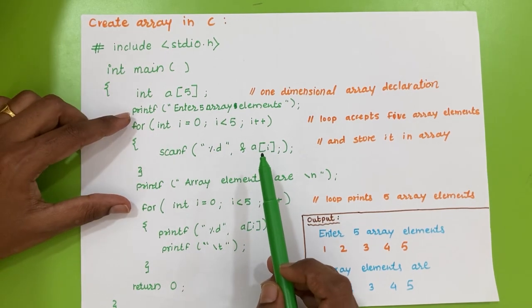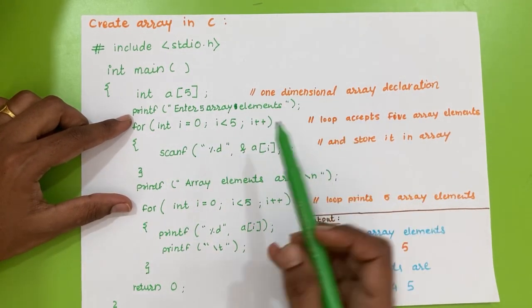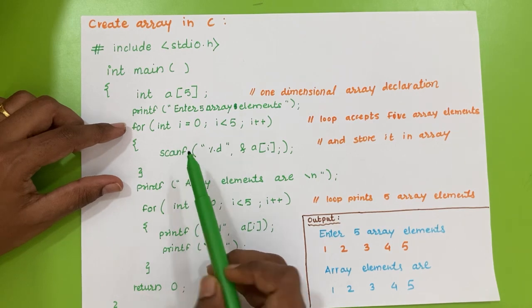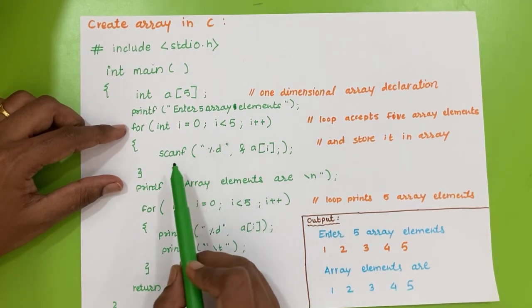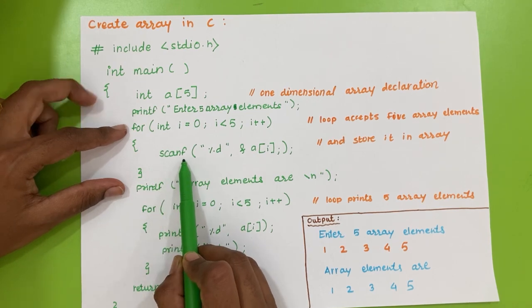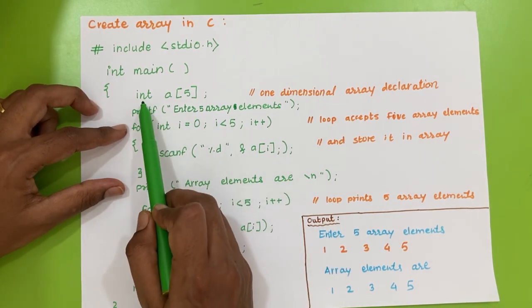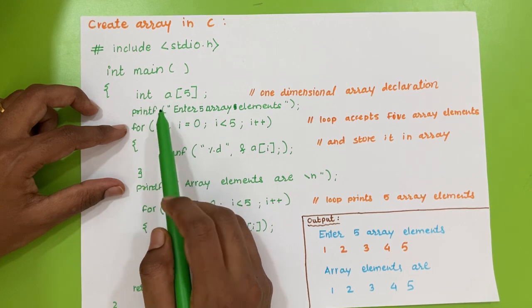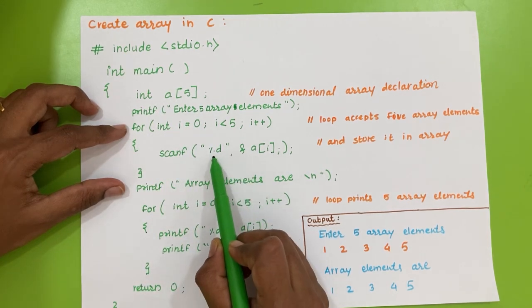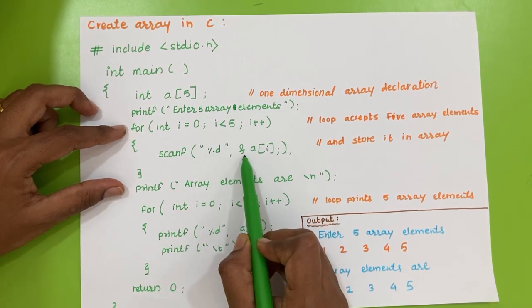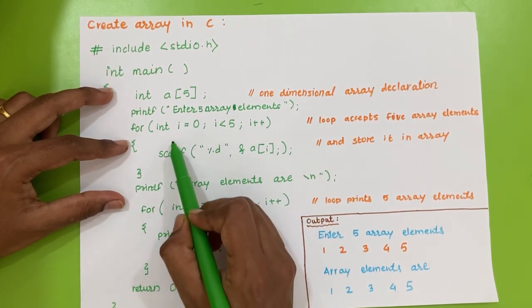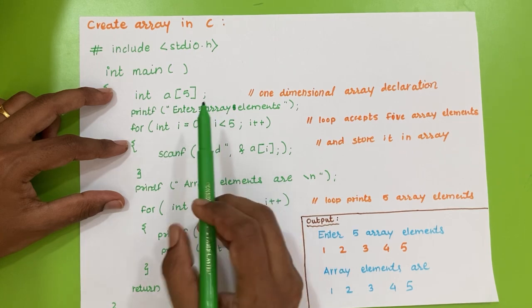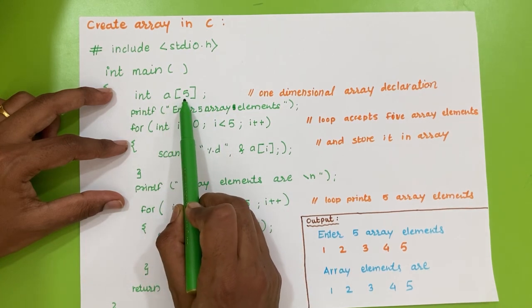For that purpose I have used a loop to accept the elements, and for accepting any input from the user we have the scanf function. Here we have an integer array, that's why I have used %d and &a[i], and this loop will repeat 5 times because the size of the array is 5.